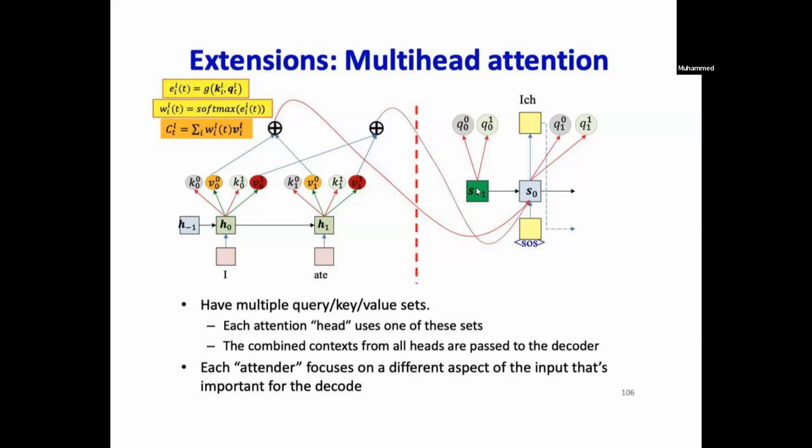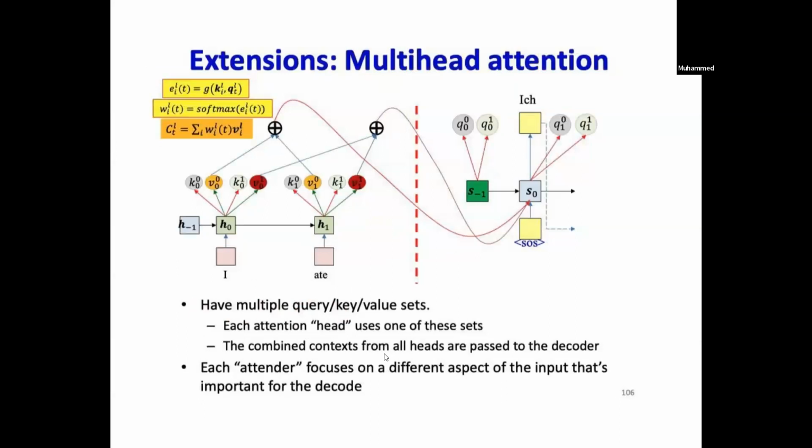And then we will have pairs of queries also from the decoder hidden state. And then we will do the exact same thing with each of those pairs separately. And then we will use all the results from all of these in our decode process, in the process of outputting the sentence.